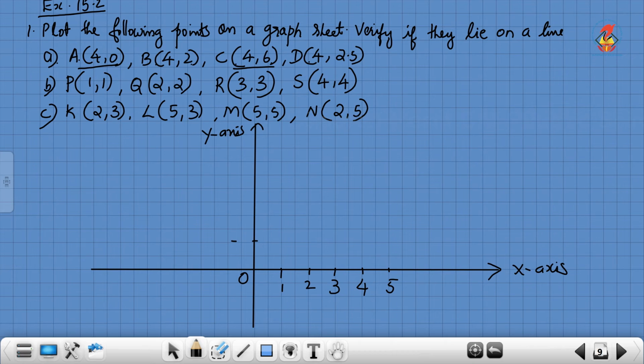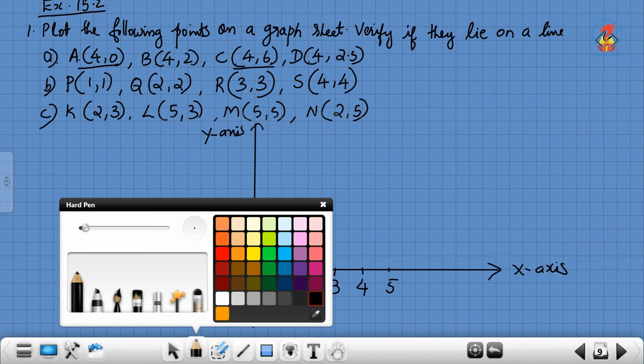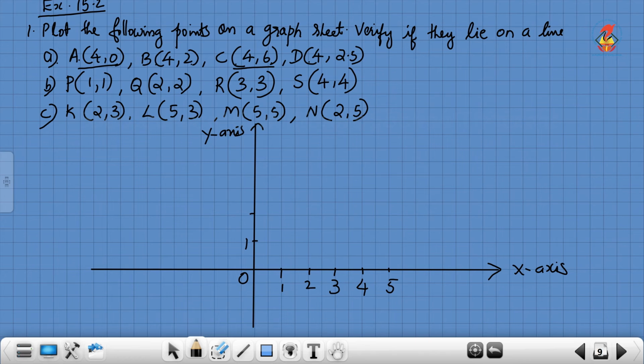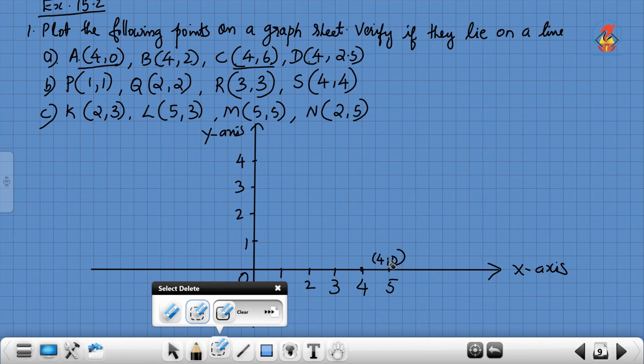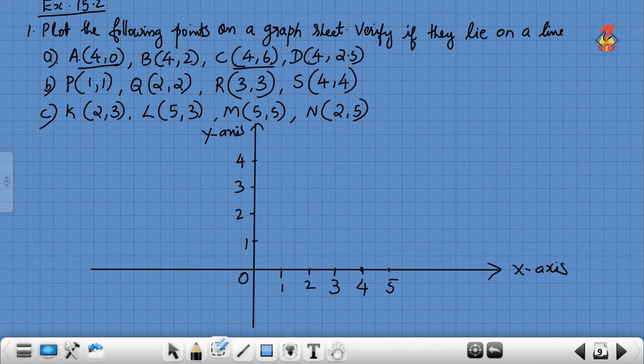Here 1, 2, 3, 4. First one is 4, 0. What does this point represent? 4, 0.